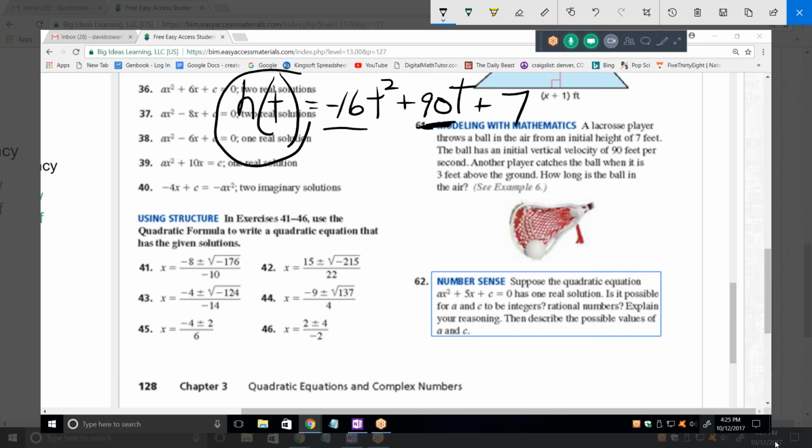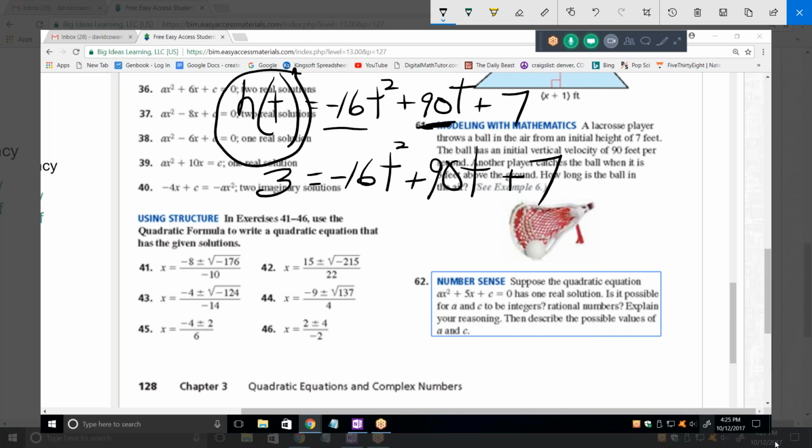That's what that is. In other words, if they said, when does it hit the ground, I would make the height 0. But because a player catches it at 3 feet, then we merely have to solve this equation. And that is a standard quadratic that I'll bet solves pretty easily.